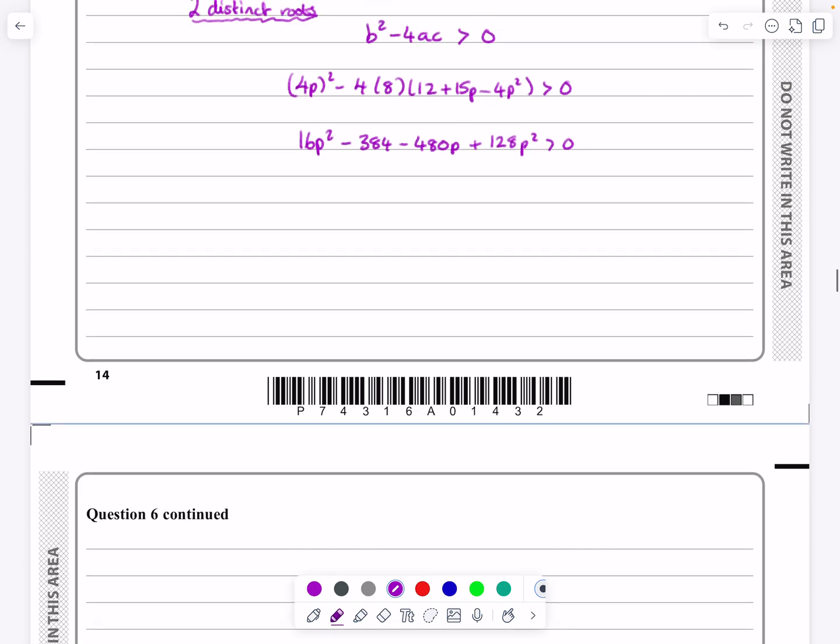This isn't the answer they've got up there, but let's tidy up what it does work out to be. That works out to be 144p squared minus 480p minus 384 is greater than 0. Then to end up with what I need, I divide everything by 48, and I end up with 3p squared minus 10p minus 8 greater than 0.